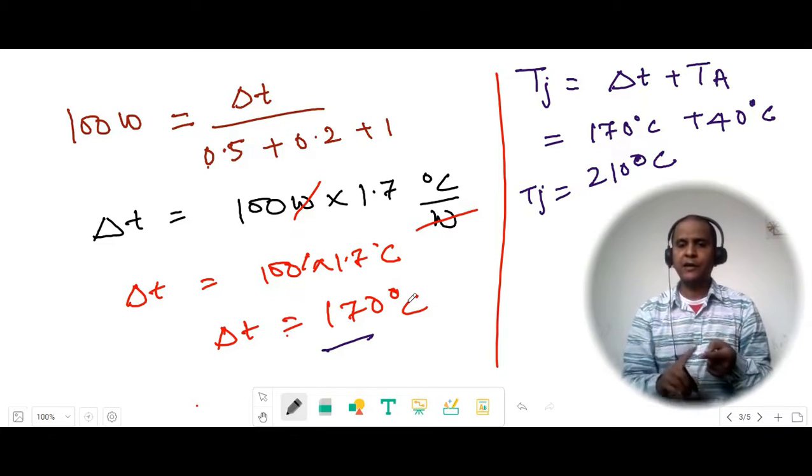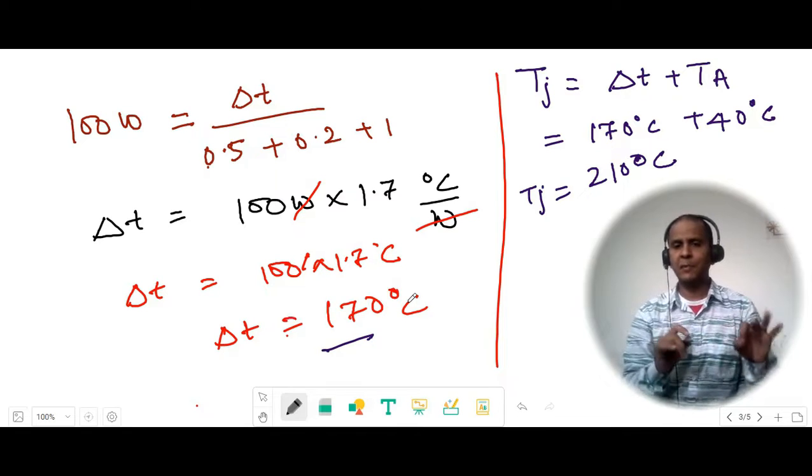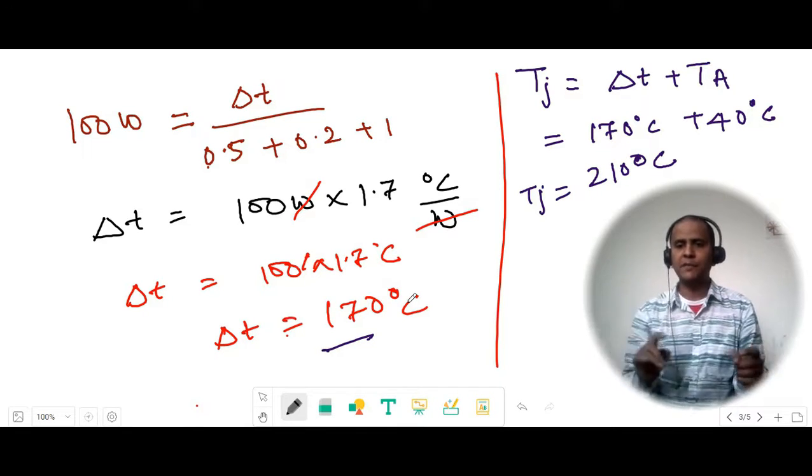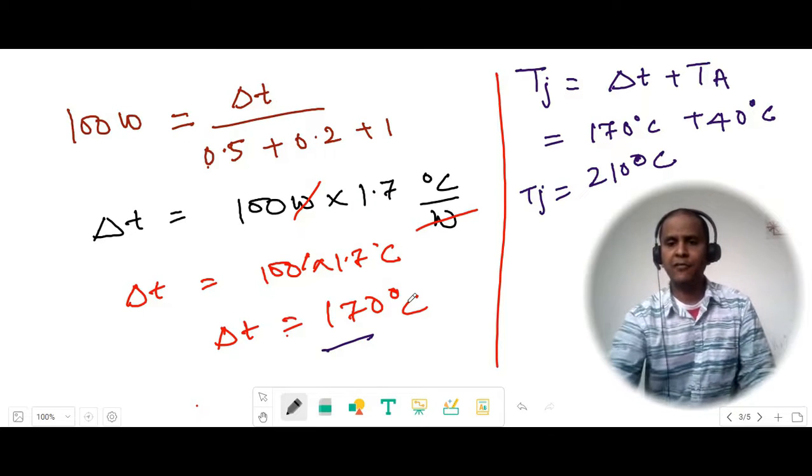If you don't use a heatsink here, if you don't control your junction temperature, there will be a thermal runaway in your MOSFET and your MOSFET is going to be damaged.